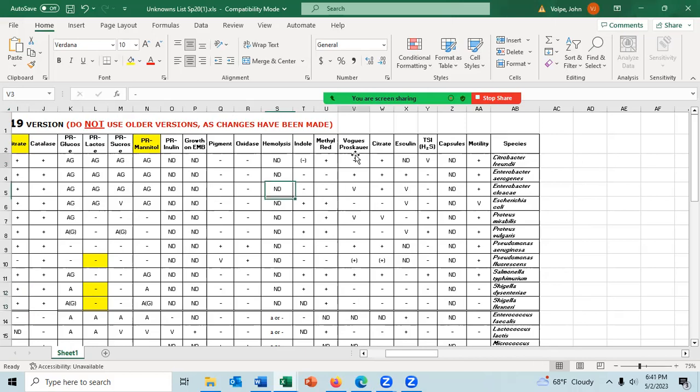Voges-Proskauer could be a possibility. Citrate could be a possibility. And then motility could be a possibility. All right. Any questions about any of this?